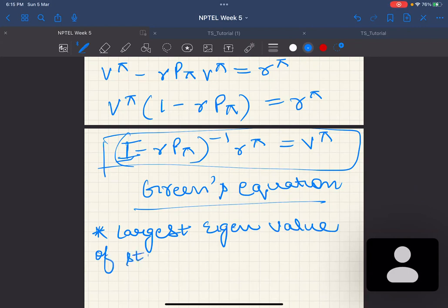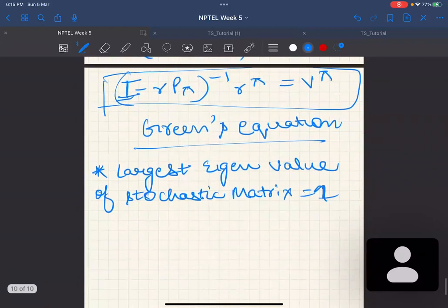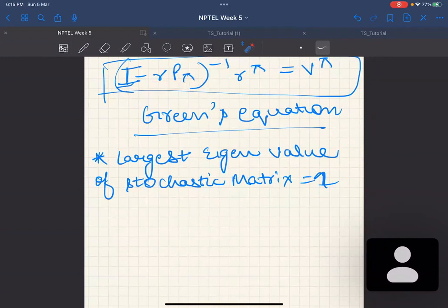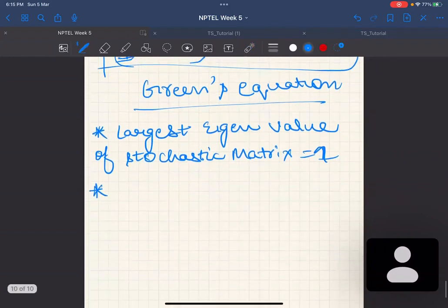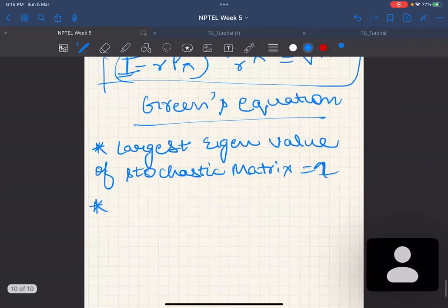The largest eigenvalue of a stochastic matrix lies at 1, so P pi has a largest eigenvalue of 1. Gamma lies between 0 and 1, so basically gamma is always less than 1.